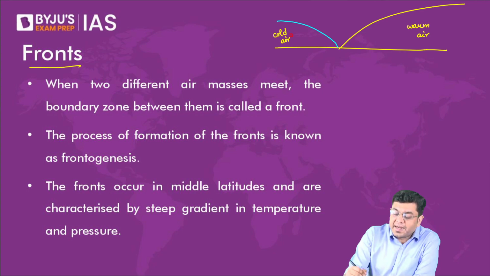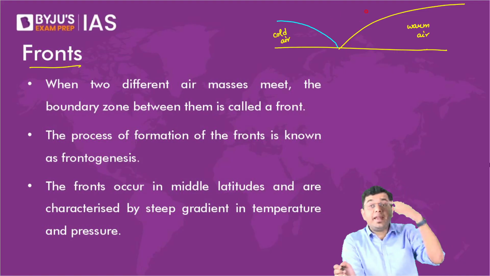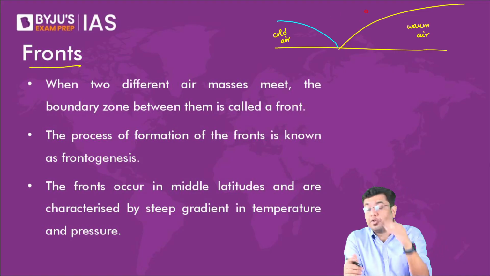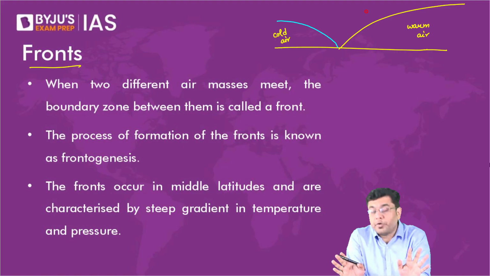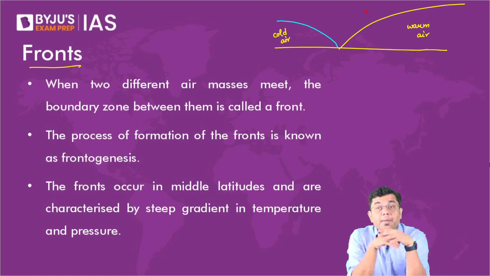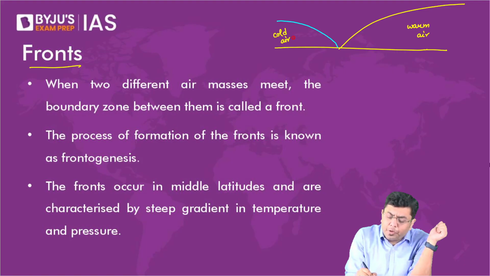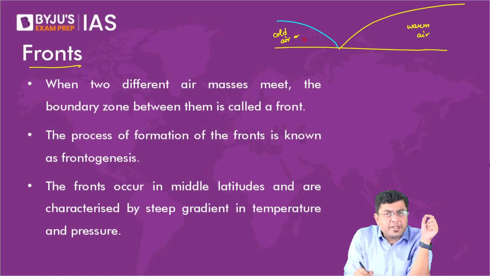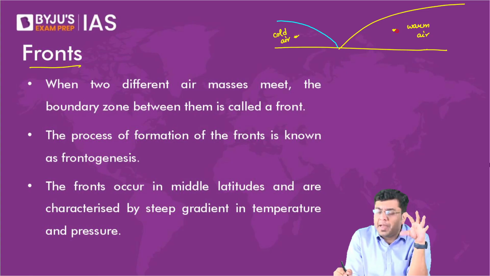Now, please understand that even in terms of their horizontal aspect, they can extend for hundreds of kilometers altogether, thousands of kilometers also in many of the cases. Okay, so we are talking about very large parcels of air coming in front of each other. Now, these will have a kind of homogeneous property in terms of temperature, they will be cold. This will have a homogeneous property of sorts in terms of being warmer. Warmer air will always occupy a greater amount of volume.